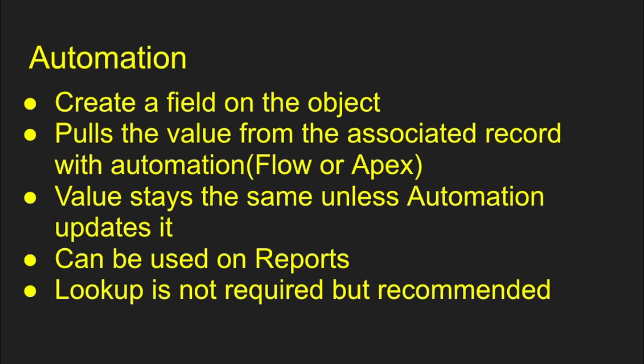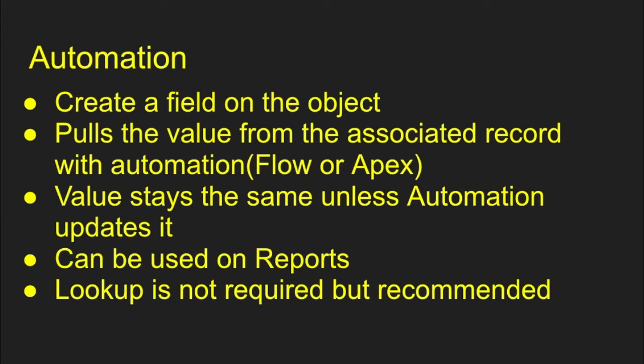So if we do a one-time automation and it fires and updates the field, then it stays there. That's going to be the value regardless of anything else. The only time that field is going to change is if something else forces it to change. It's not going to automatically change when the other value changes unless that automation does that update for you.